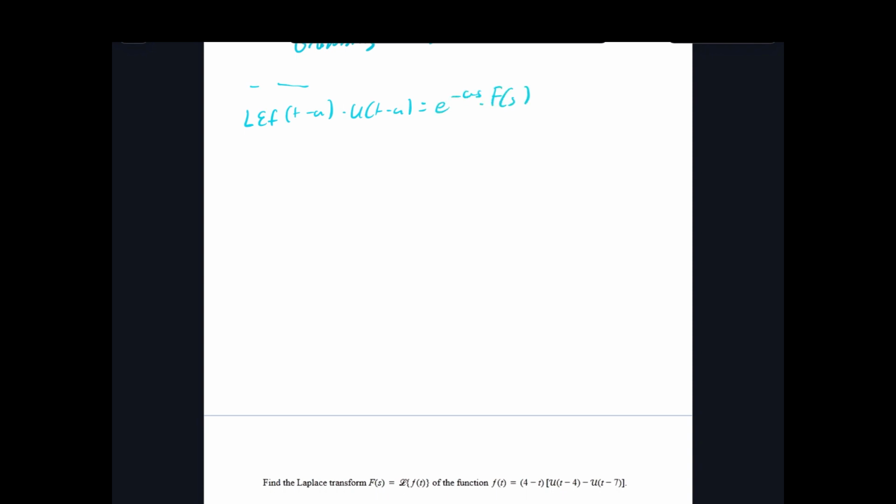In this case, we're asked to find the inverse Laplace transform of F at s, so we're basically trying to find f at t.